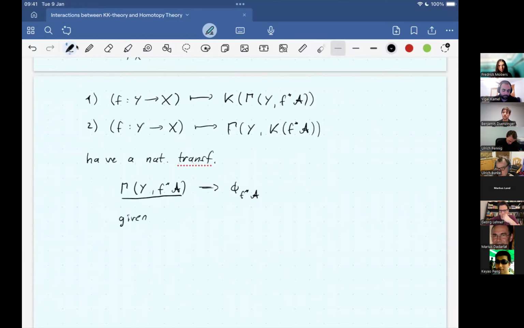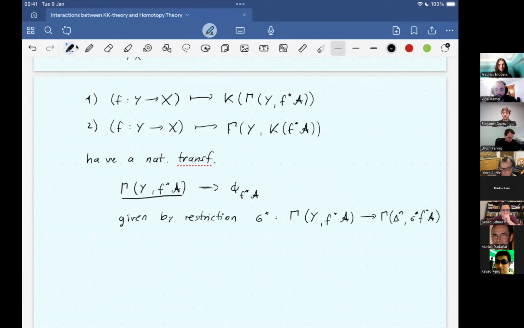Or by pullback with this map from the simplex. Just as before.